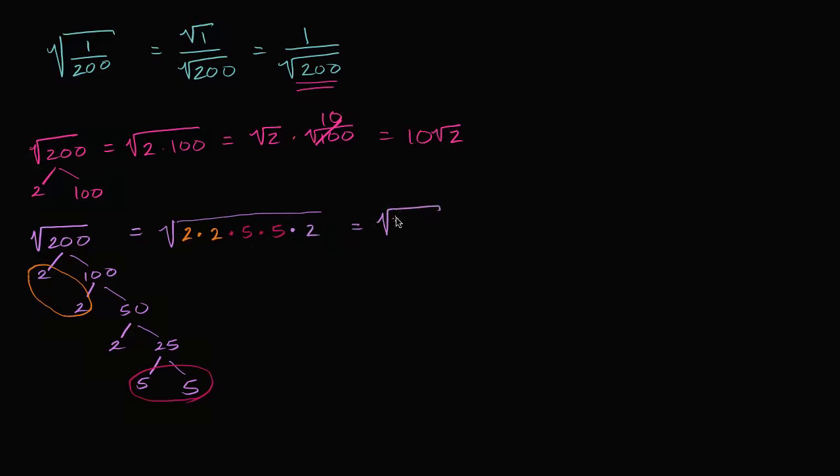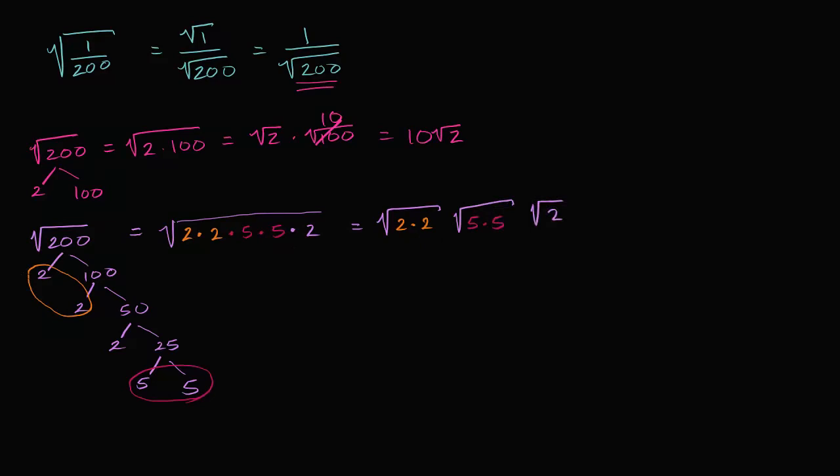This second method is a little bit more monotonous, but hopefully you see that it works, and that they boil down to the same method. We're still going to get to the same answer. So this is the square root of 2 times 2, times the square root of 5 times 5, times the square root of 5 times 5, times the square root of 2 times 2.